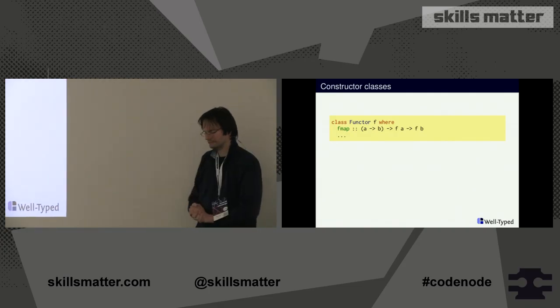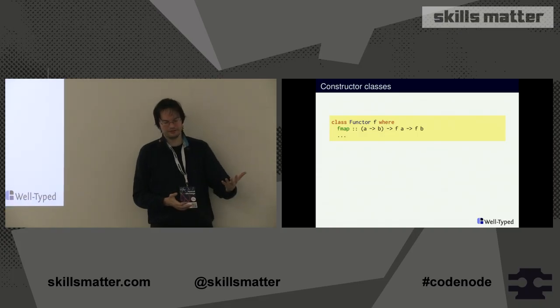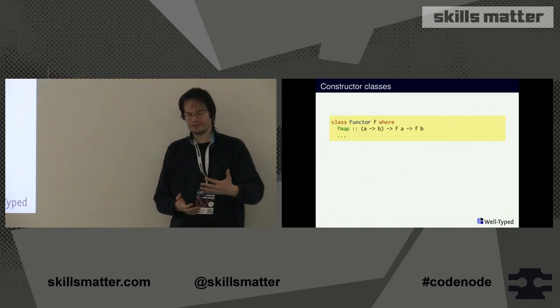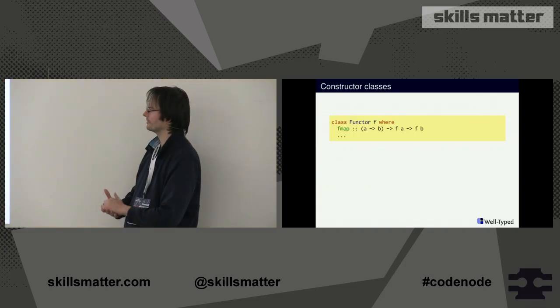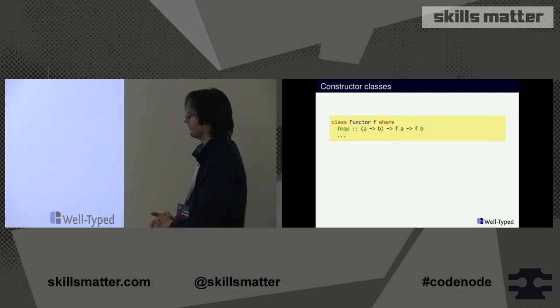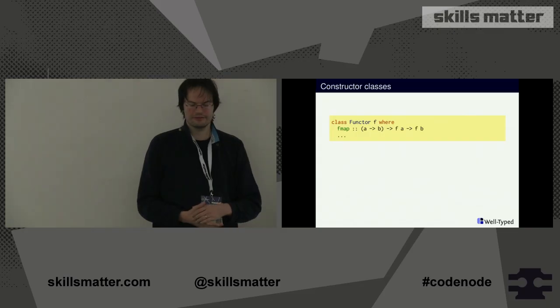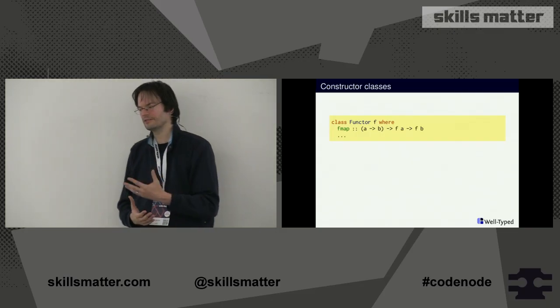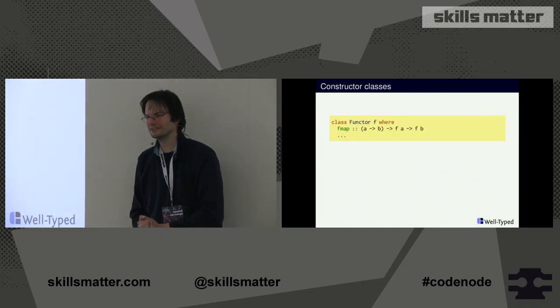There are also type classes in Haskell that are not parameterized over types of kind star, but over type constructors, over parameterized types. Functor is a classic example. If you define instances of functor, you're not defining an instance of functor for integers or an instance of functor for booleans.